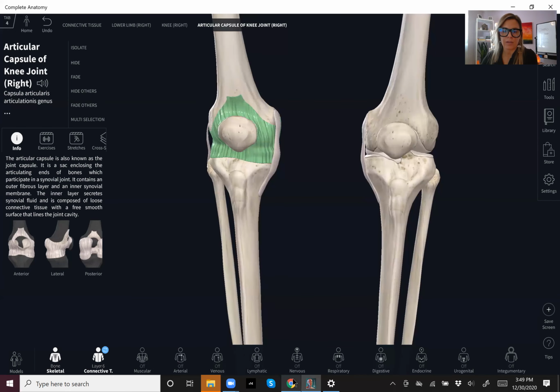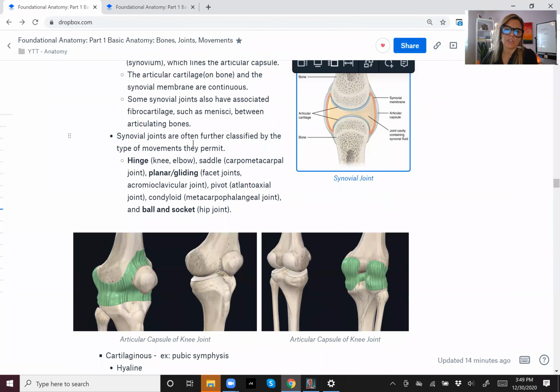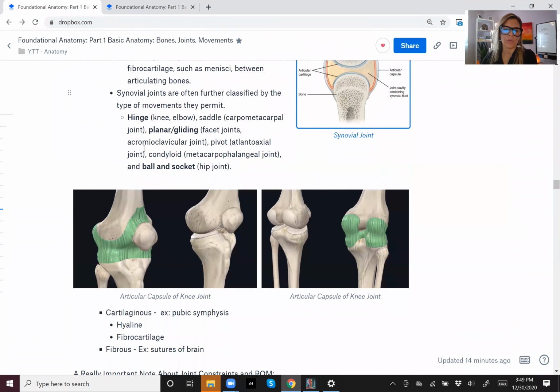Let's see, we'll go back to our section here. And there's a couple different synovial joints, depending on how they move. You don't really need to know that, but you might want to know that the knee and the elbow are hinge joints, and that the hip joint is a ball and socket joint, as well as the shoulder joint. And you'll see that when we look at the bones.